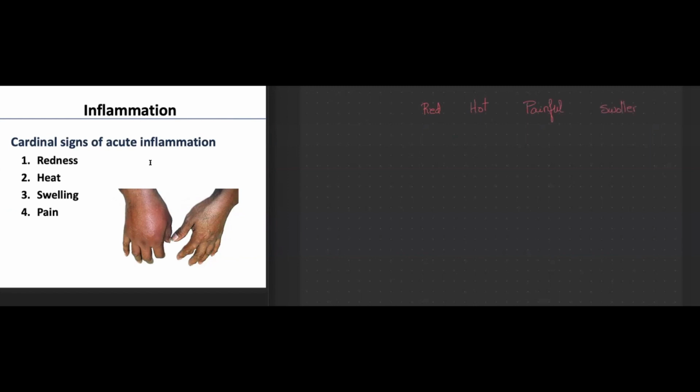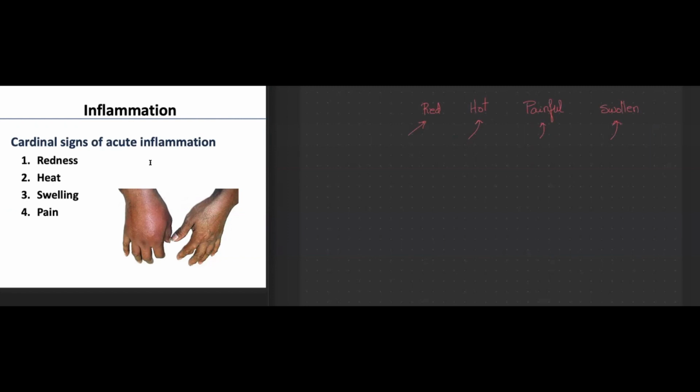So if I told you I have inflammation of my knee, this tells you what? That my knee is red, my knee is hot, I have pain, and it's going to be swollen.